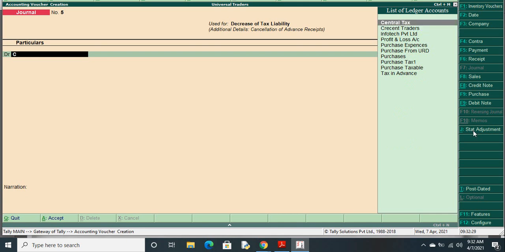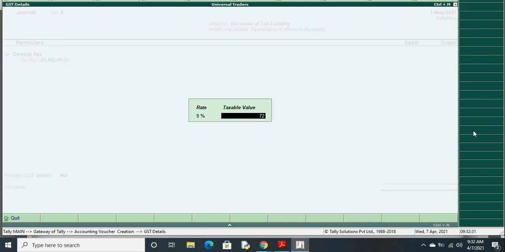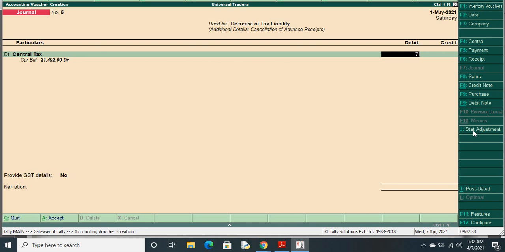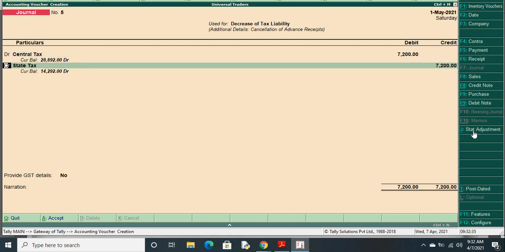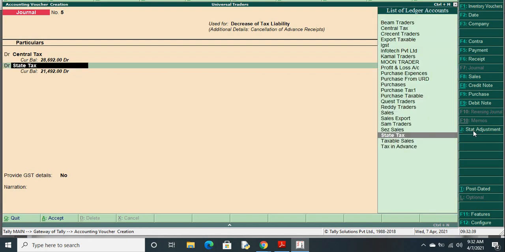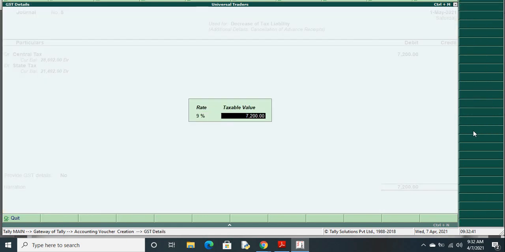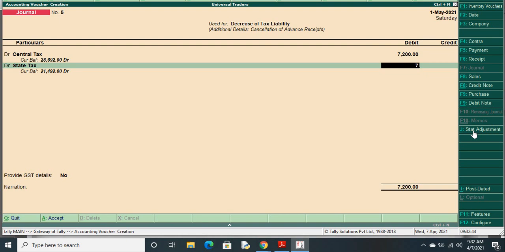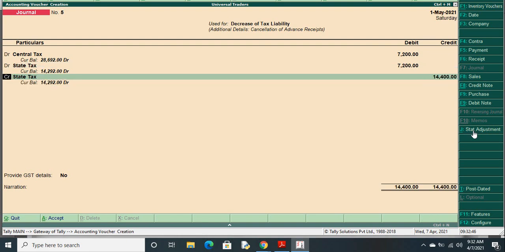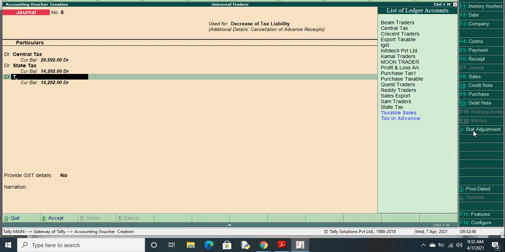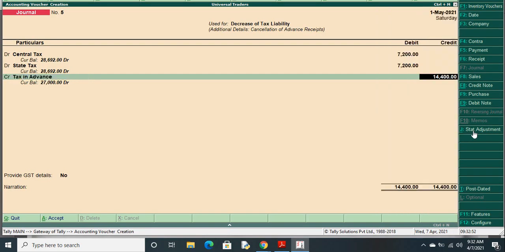Here you have to select central tax 7,200, state tax, it is also DR 7,200, total tax on advance.